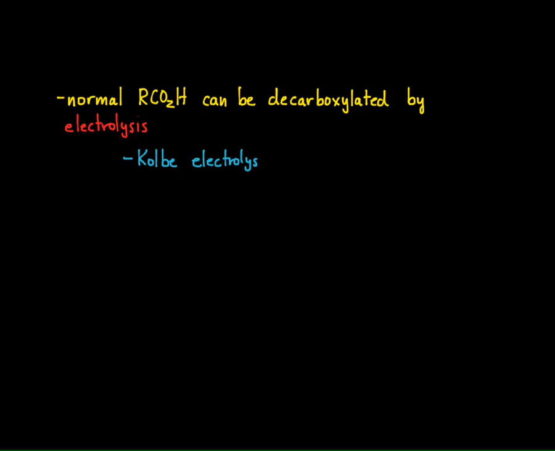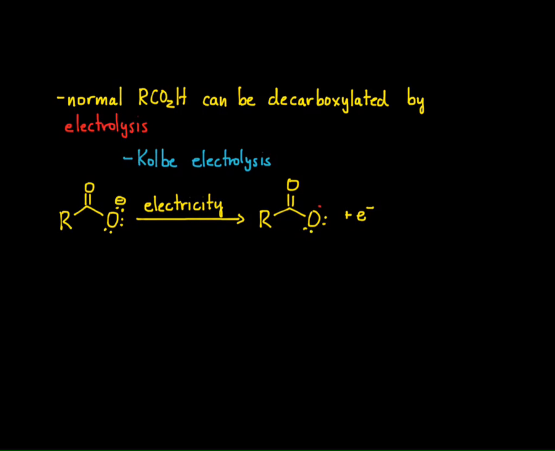This is called the Kolbe electrolysis, named after Kolbe, who discovered this type of reaction. Essentially, you're taking the carboxylate, so you're deprotonating the carboxylic acid. You apply an electric current through it, and you essentially dislodge an electron.